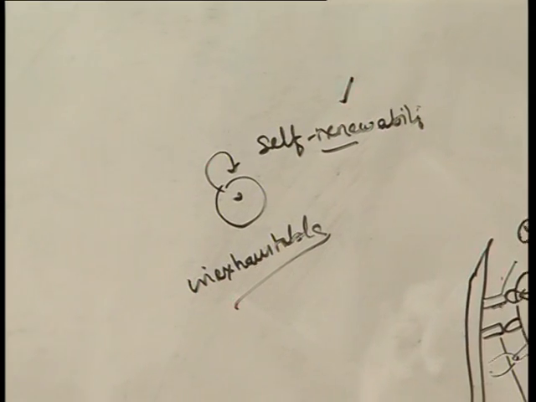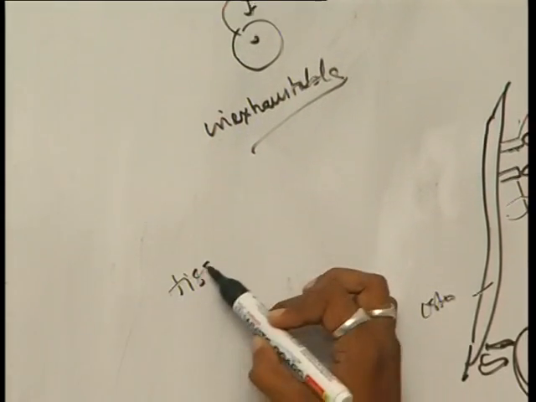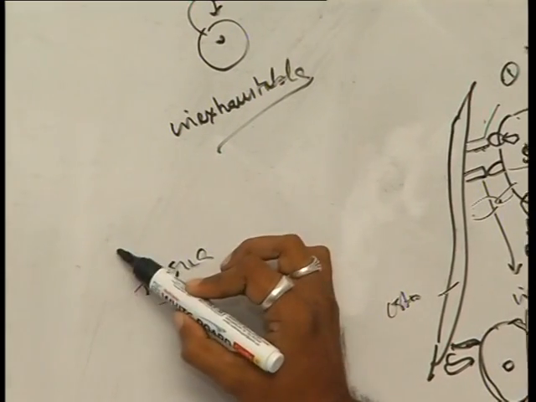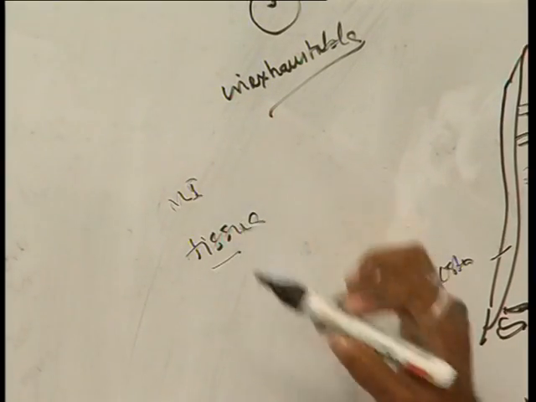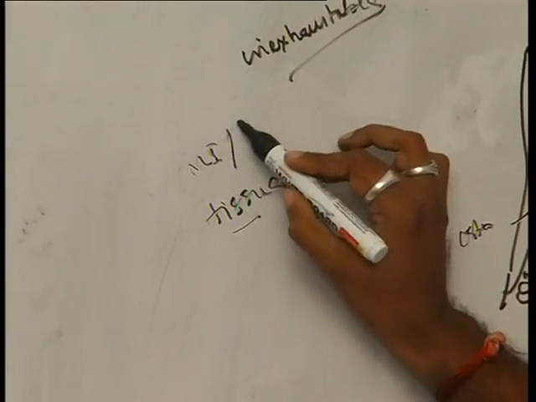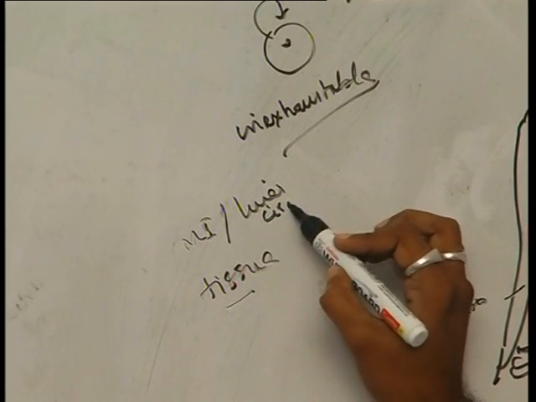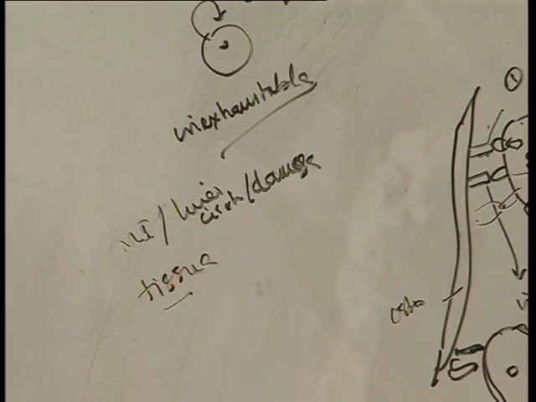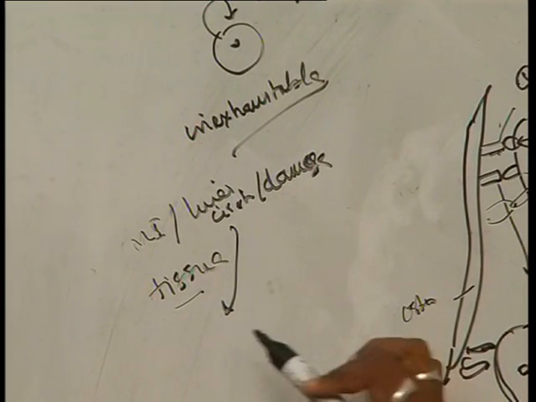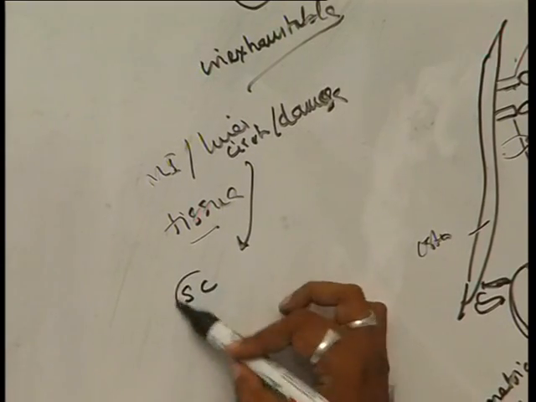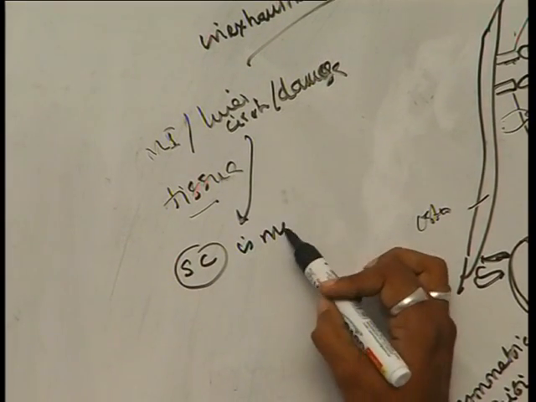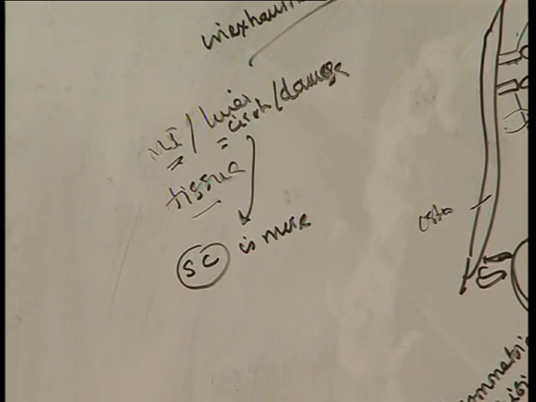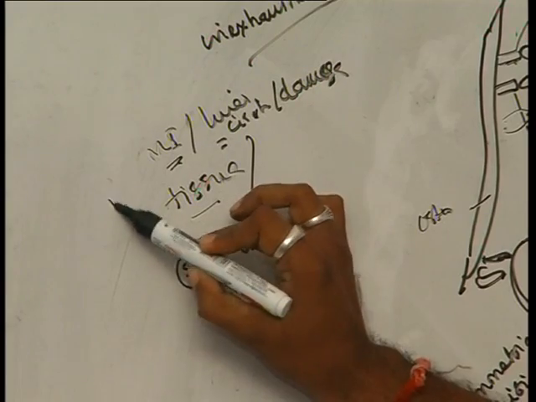In certain cases of damage to the tissue, for example, suppose you undergo myocardial infarction or you end up with severe liver damage, the stem cell requirement is more for rejuvenation of these tissues. For example, in myocardial infarction, the heart is damaged.